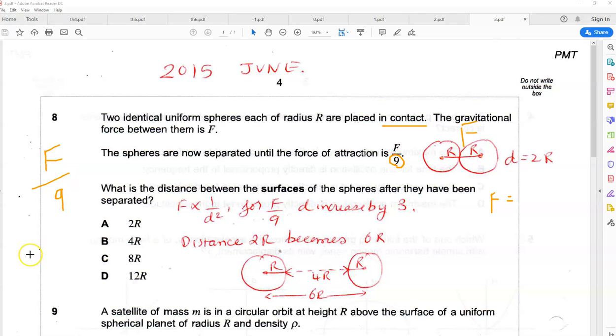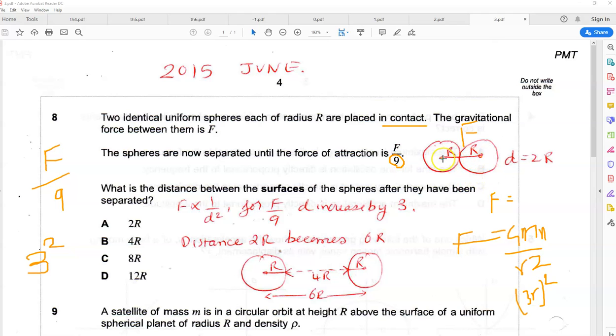If you apply the formula, you know that when the distance increases by 3 times, the force will reduce by 3 squared times, because F equals GMm by r squared. When r is equal to 3r, the 3r squared will give you 9r squared. So obviously what's happening here is the objects must have been separated by 3 times their distance.